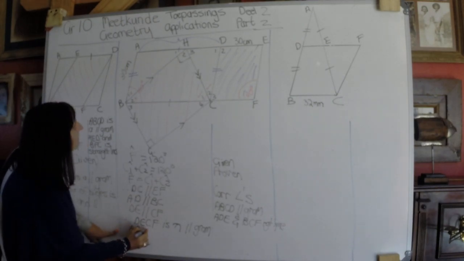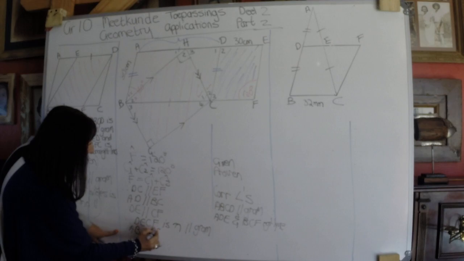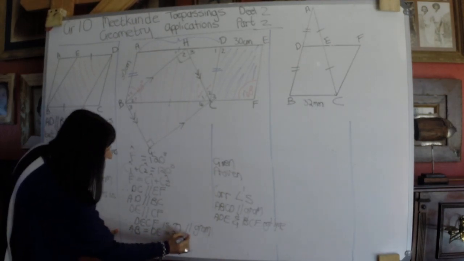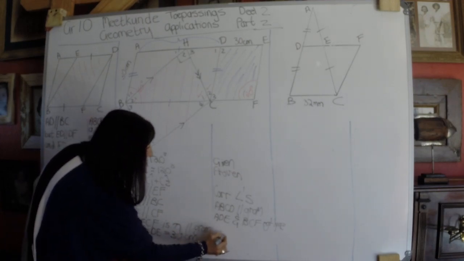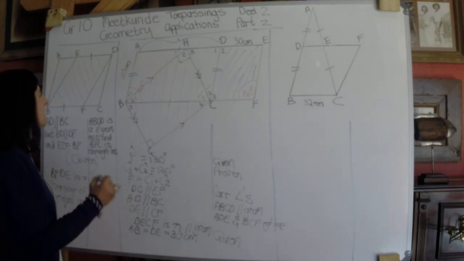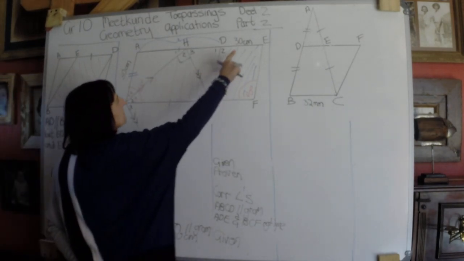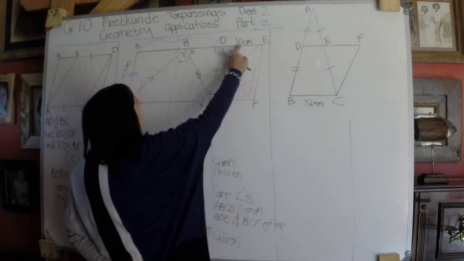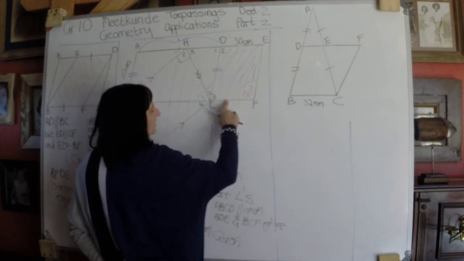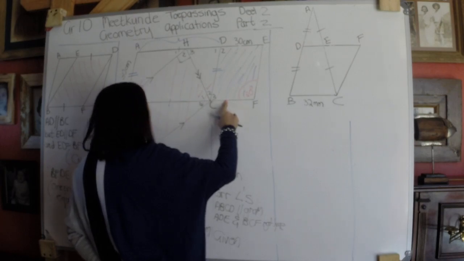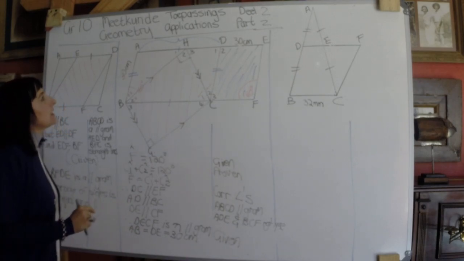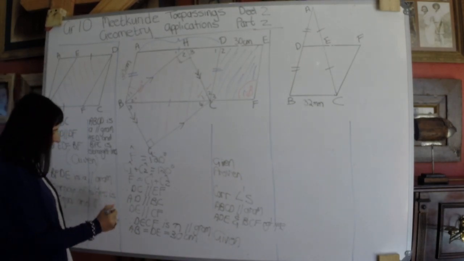AB equals DE equals 30 centimeters. Dis gegee. Nou, omdat dit gegee is, beteken dit as hierdie ouetjie 30 cm is daai ouetjie ook 30 cm, because that's now a parallelogram. But AB is also given equal to CD.